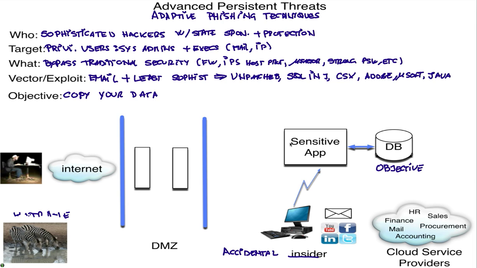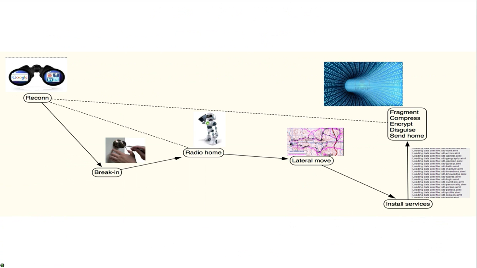And let's see what the different phases are in which they operate on these attacks. Well, the first is the recon phase. During the reconnaissance, they are going to be doing lots of Google searches, and social media research.